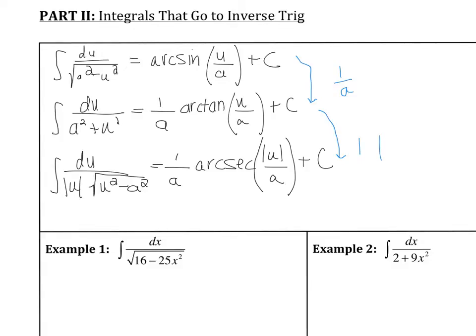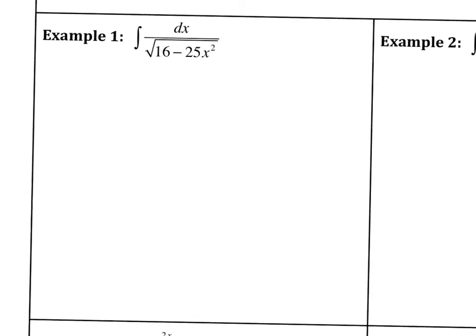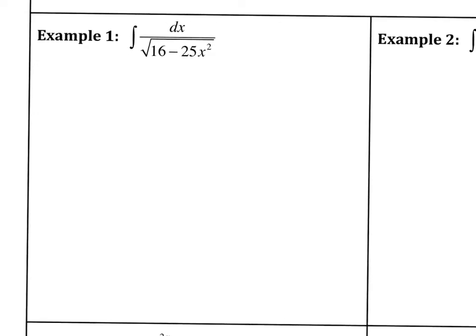So that's what we're going for. They will not always go as planned, but you start anyway and you see what happens. So here, let's choose u and a. Our function, we can say that this is u squared, so 25x squared is 5x squared, which tells us that u is 5x.